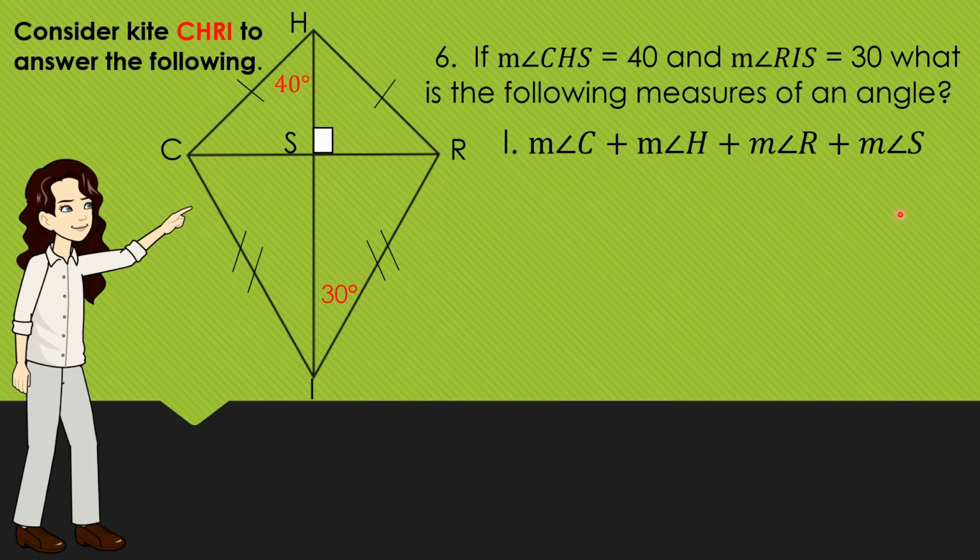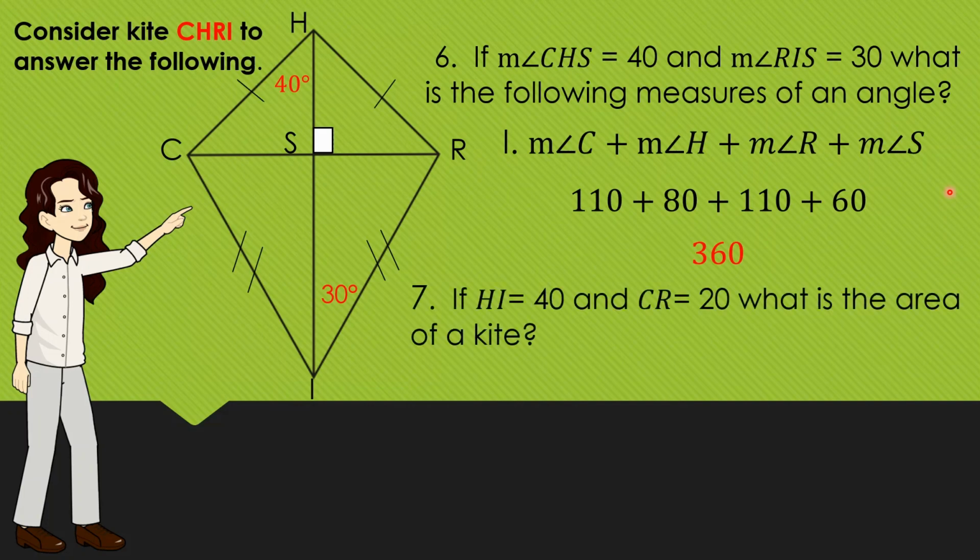So we need to combine all. So this one is 110 plus 80 plus 110 plus 60 for a total of 360. And that will be the sum of the measures of the angles of the quadrilateral. And that is 360.